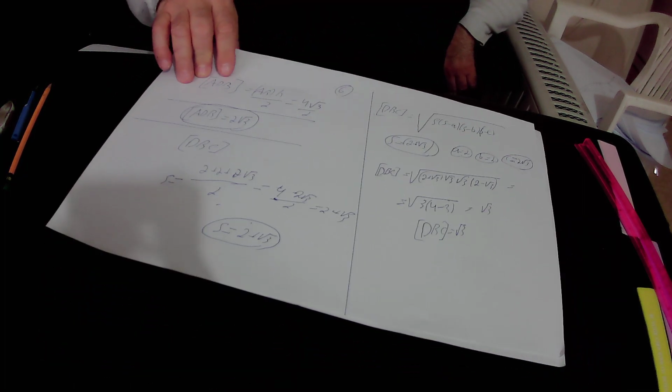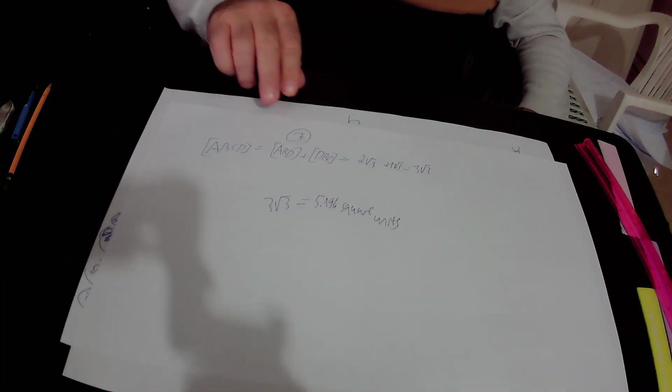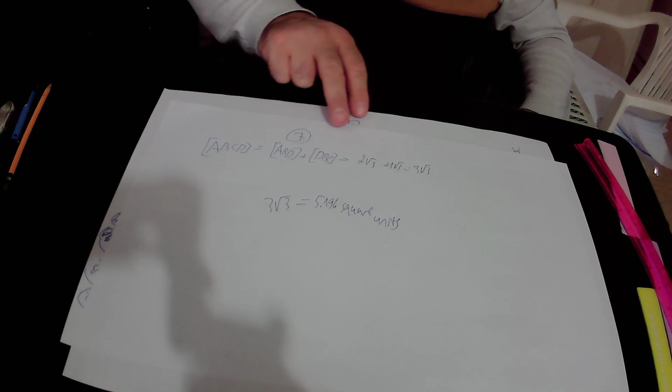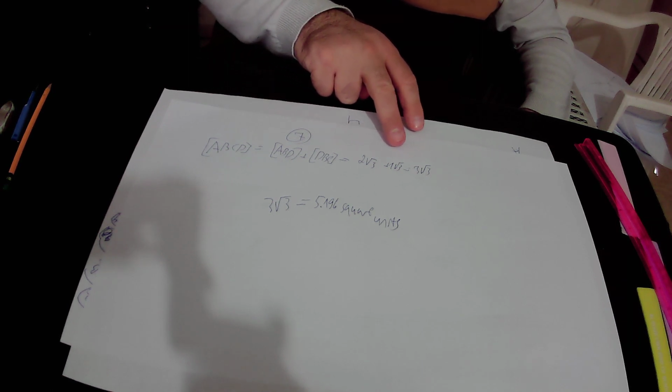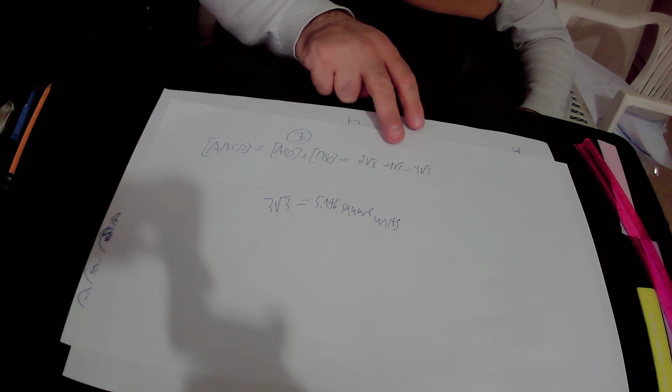And the area of quadrilateral ABCD equals the area of triangle ABD plus the area of triangle DBC. The area of triangle ABD is 2 times square root of 3 square units, and the area of triangle DBC equals 1 times square root of 3 square units. 2 times square root of 3 plus 1 times square root of 3 equals 3 times square root of 3 units.